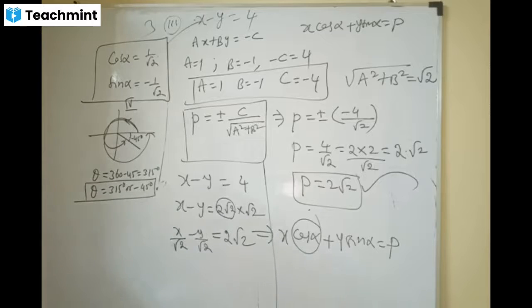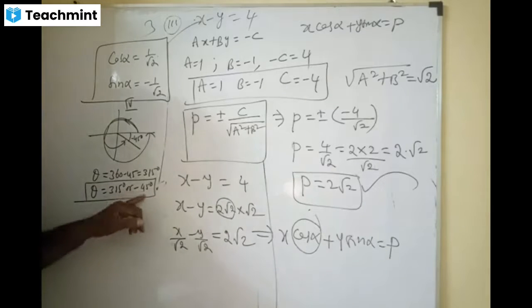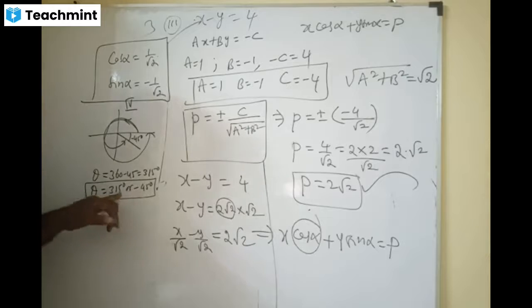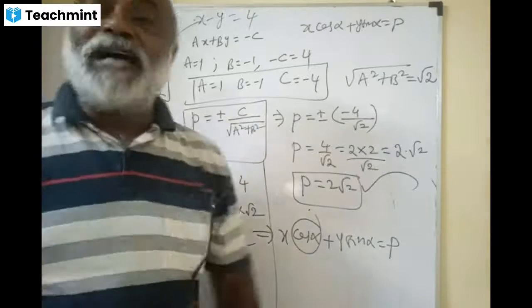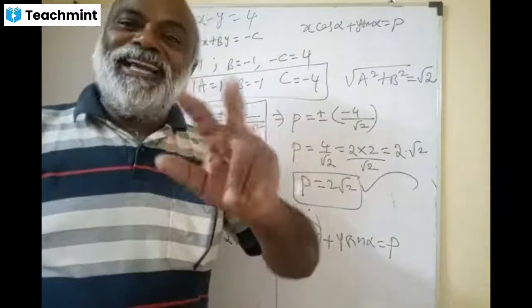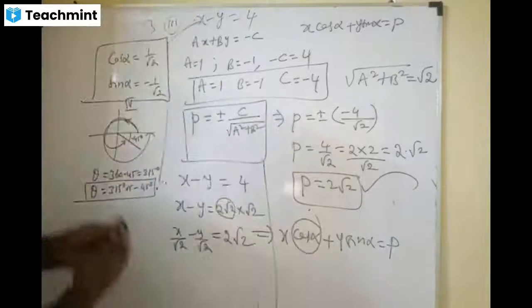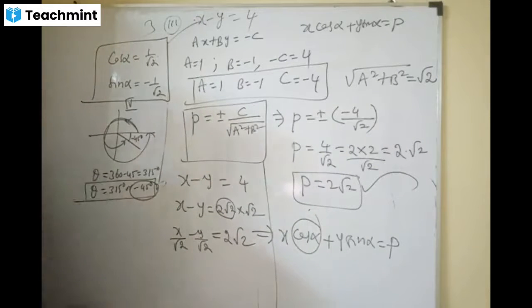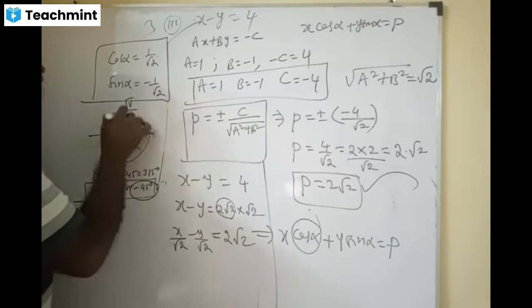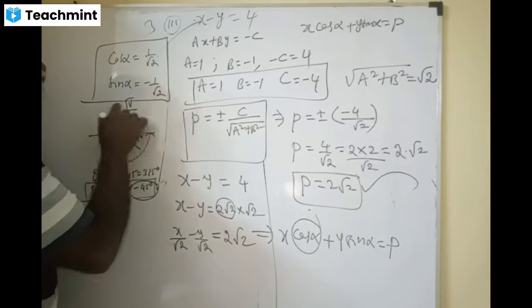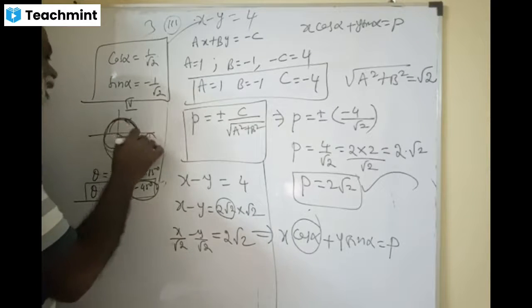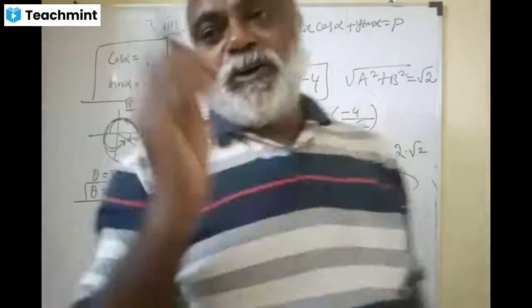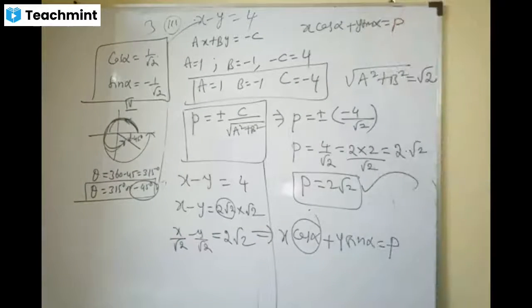Fantastic, yes, we are right. Now, for a negative angle, they give 315, but it is absolutely right. But alpha is measured from the positive x-axis. That means it is measured in the anti-clockwise direction. Therefore, don't go for this minus angle; go only for the positive direction, that is the anti-clockwise direction.